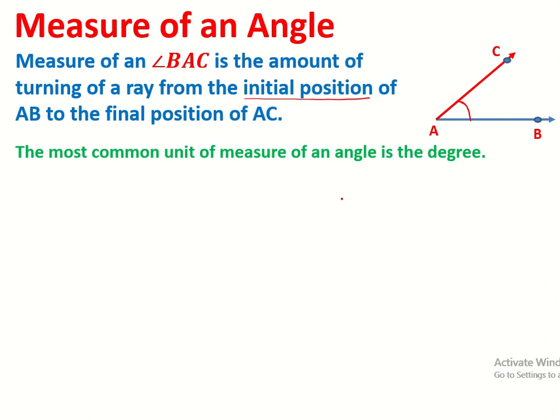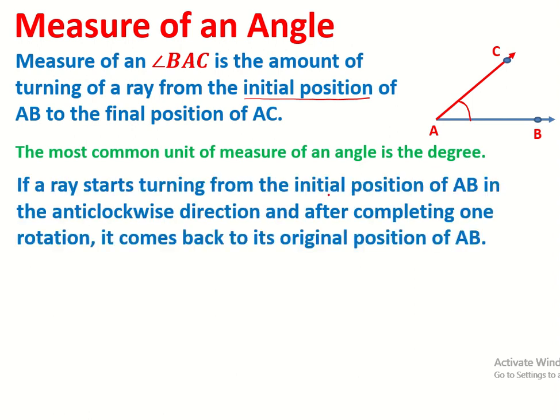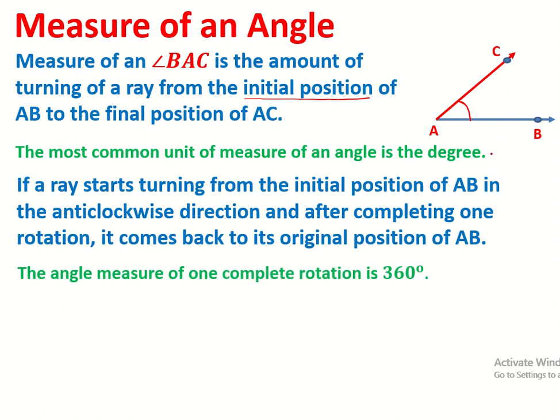And the most common unit of measure of an angle is the degree. We know that if a ray starts turning from the initial position of AB in the anticlockwise direction and after completing one rotation it comes back to the original position of AB, then it completes a rotation of 360 degrees.